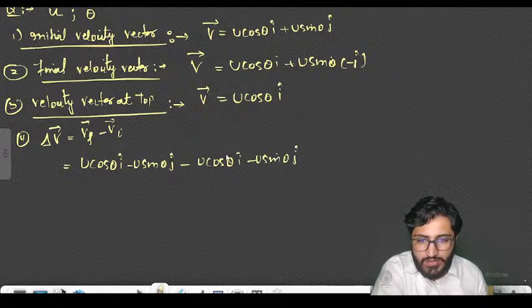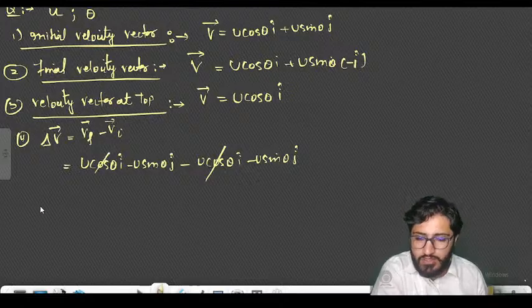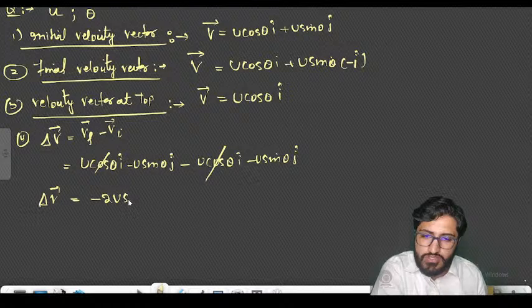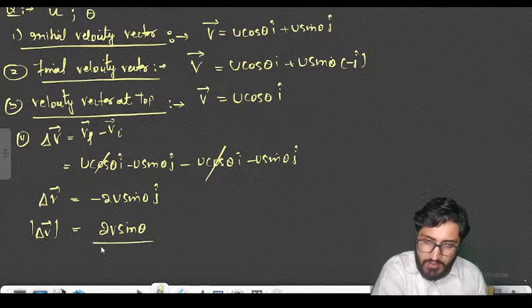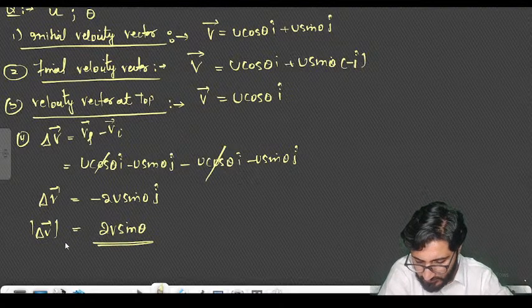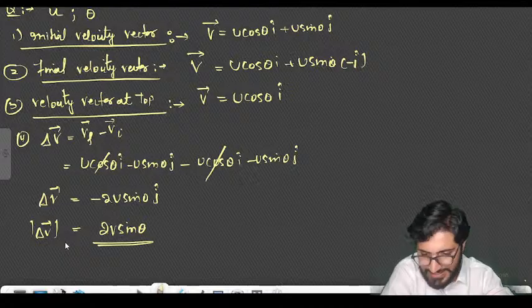Done. As you can see, the cos terms get cancelled out. So my change in velocity came out to be minus 2 times u sin theta j cap. If you need to write only its magnitude, I can write it as 2u sin theta only.